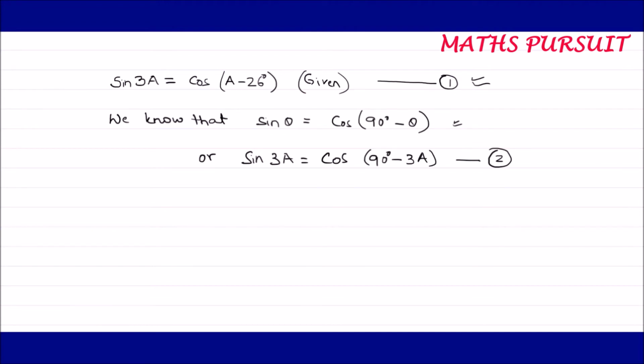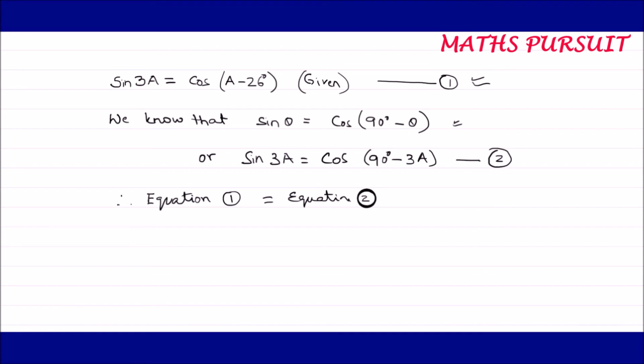Now guys, look at equation 1 and 2. They are equal because we got some values for sin 3a and again we got some values for sin 3a. Therefore, equation 1 is equal to equation 2.